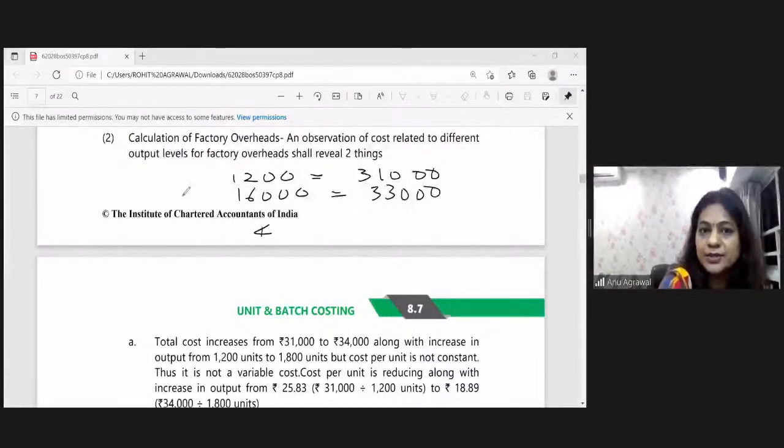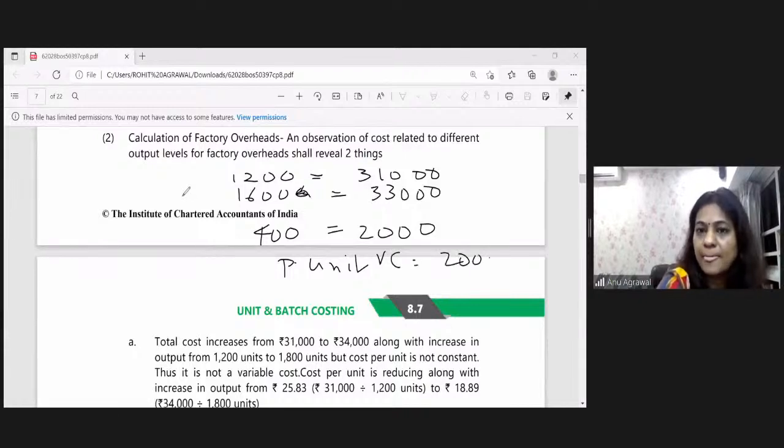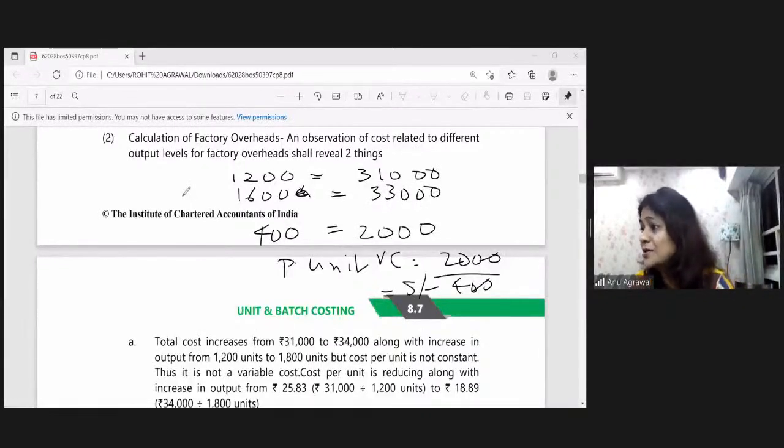So the difference in units is 400. The difference in expenditure is 2,000. So per unit variable cost is how much? 2,000 divided by 400. 5 per unit. Manish, it cannot change.